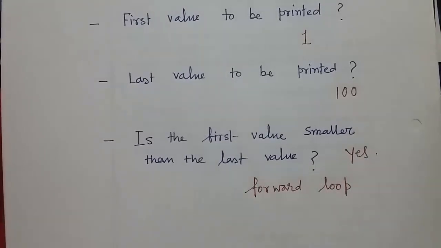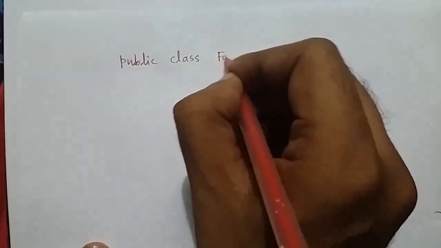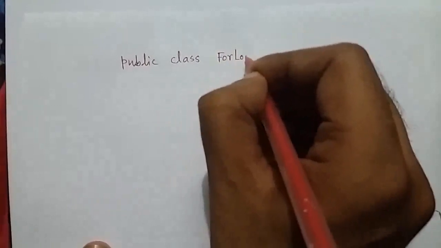So the program will be, let's take a class, public class ForLoop.